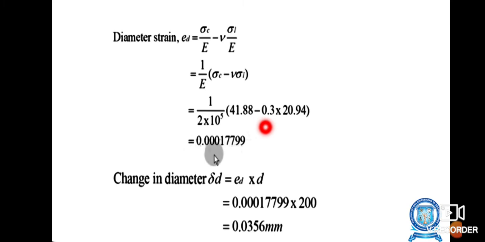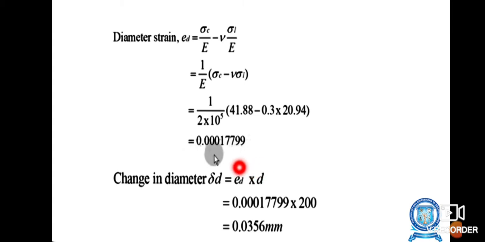0.00017799, that is the value of diametrical strain. Next we find out the change in diameter. The change in diameter formula: del D is equal to lateral strain, that is diametrical strain, another name is lateral strain or diametral strain, into diameter.